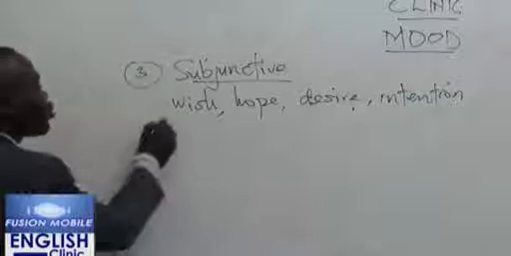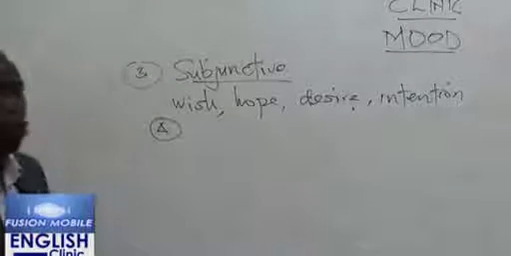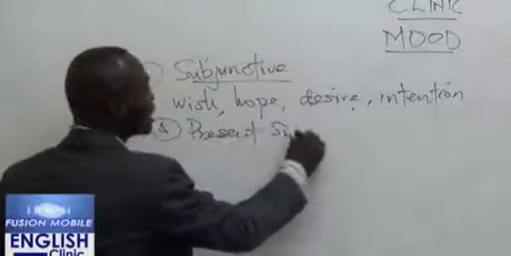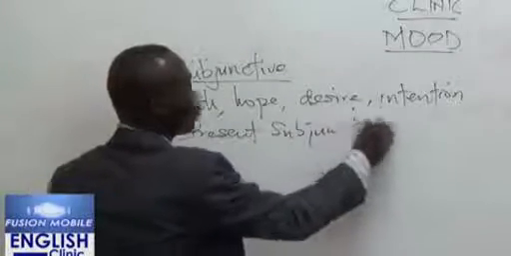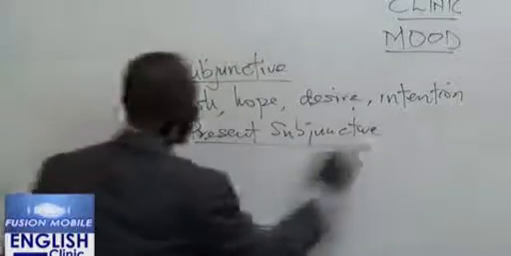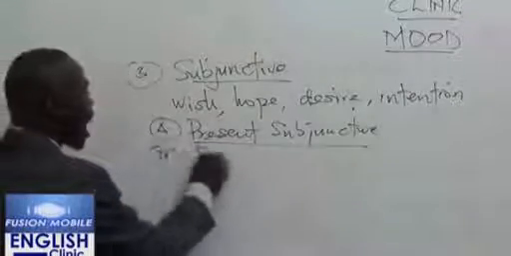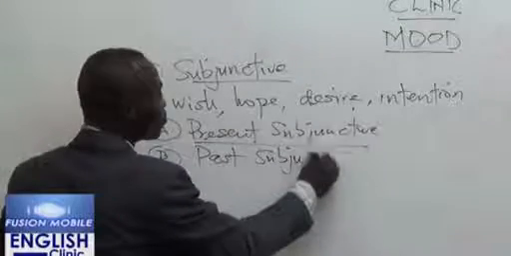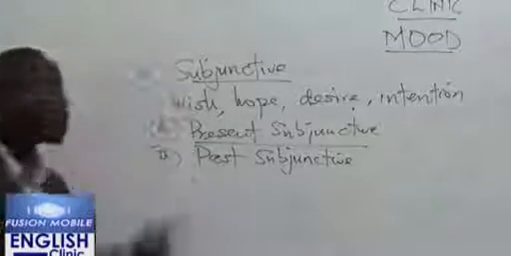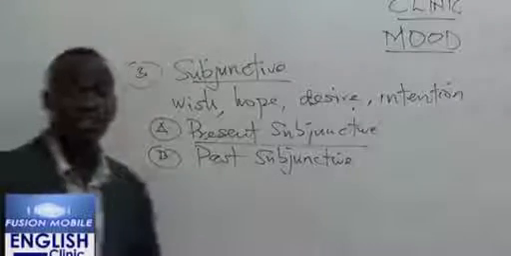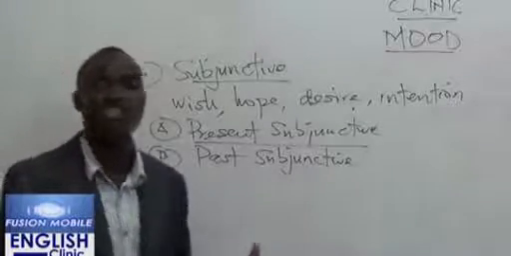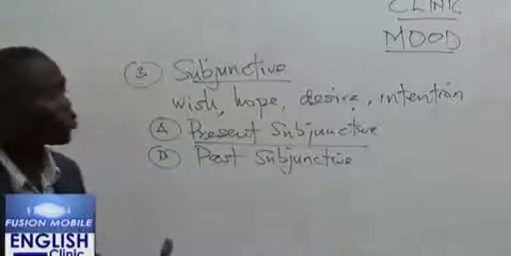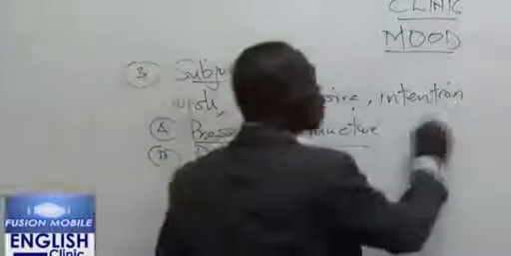Now, there are 2 types of subjunctive mood. We have the present subjunctive, and we have the past subjunctive. Now, the present subjunctive is found in some traditional phrases when you are expressing wishes. Traditional phrases like, God bless you.